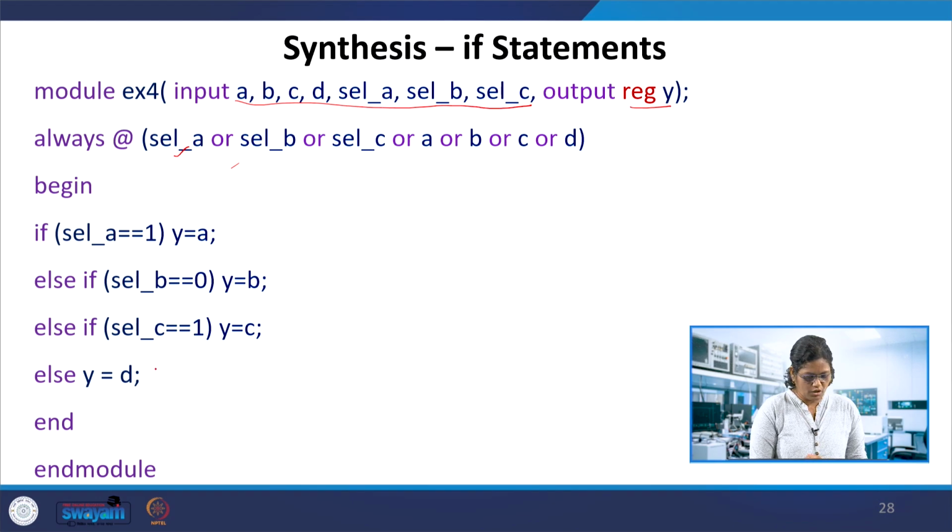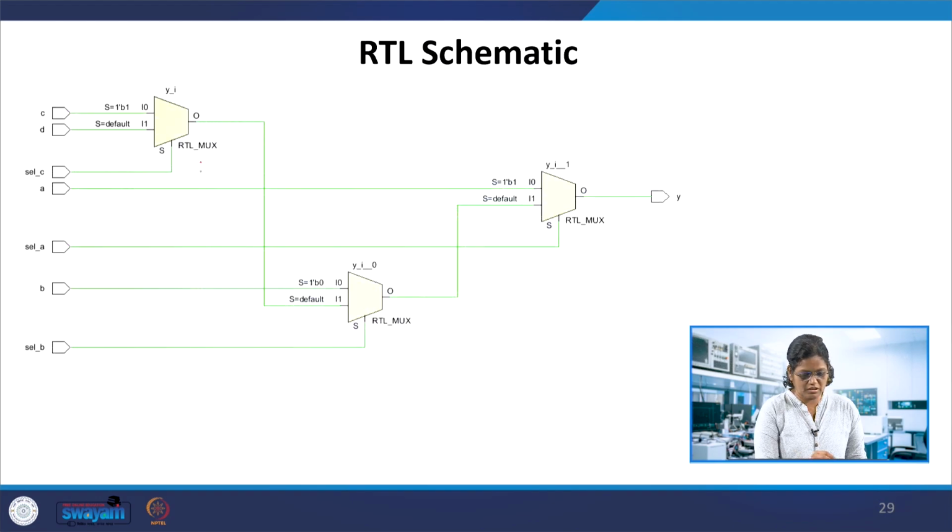So automatically there is a priority structure: A is given priority over the others, and C and D have the lowest priority. Here you can observe the priority structure given to A rather than B, C and D.